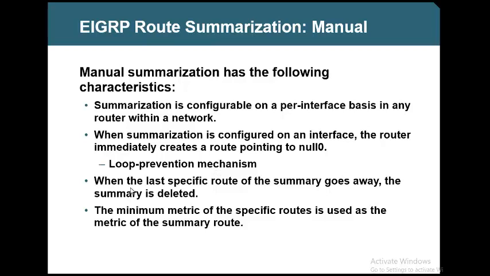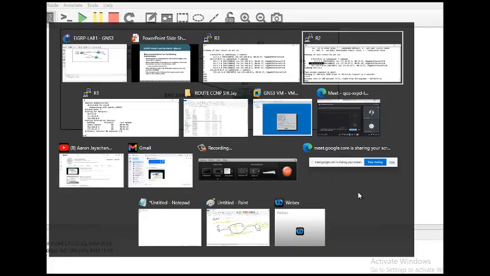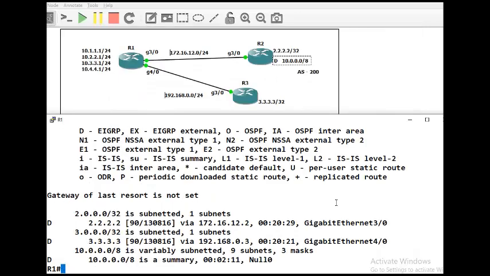Now, when will the summarization go away? I repeat, with the topology and with the router. We saw in the routing table there is a summary route. When will this disappear? If I shut down all these 4 ports, this will disappear. You agree with me?